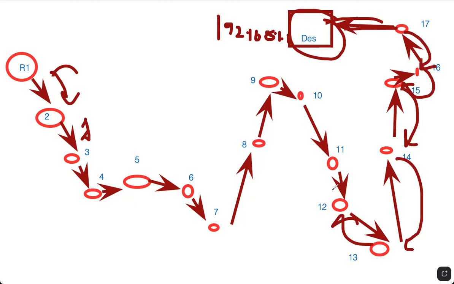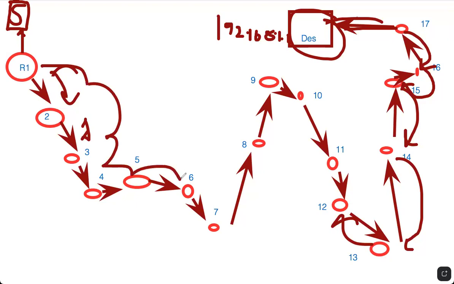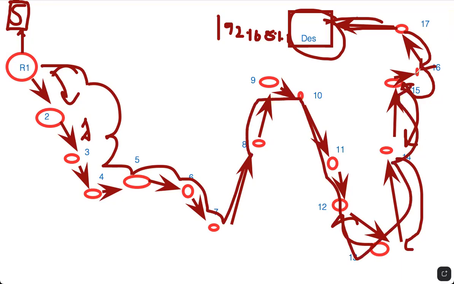But if you observe, the source is here. When it tries to look for the information, how many hops: 1, 2, 3, 4, 5, 6, 7, 8, 9, 10, 11, 12, 13, 14, 15, 16, 17, 18 hops away, right? So from the source, it's trying to go to this one with 18 hops away.